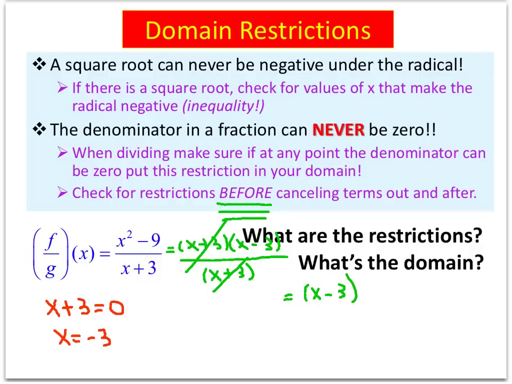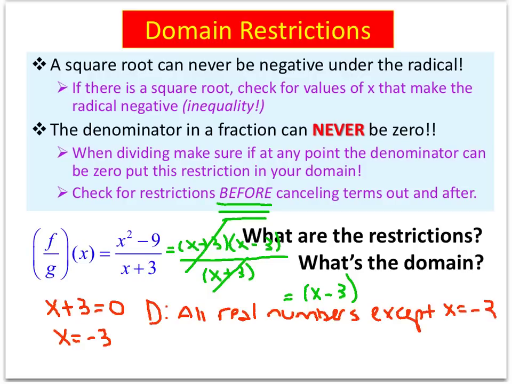So there's a few ways I can state my domain. I could say my domain is all real numbers except x equal to negative 3. Or I can say it's all real x not equal to negative 3. So two different ways to write the domain with the restriction.